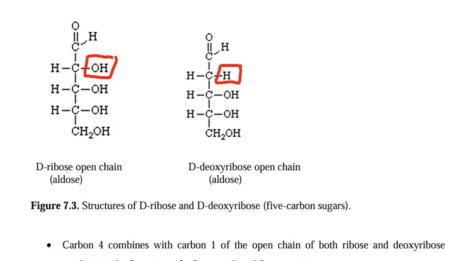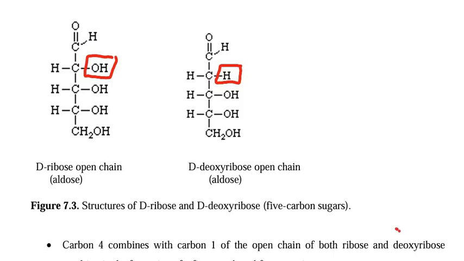But what differentiates them is that this one is more oxygenated than the other. This is deoxygenated, deoxyribose, meaning the removal of 1 oxygen from the ribose creates deoxyribose. Everything else is still the same.